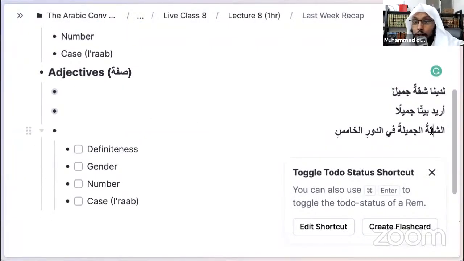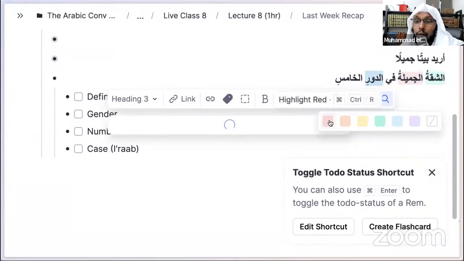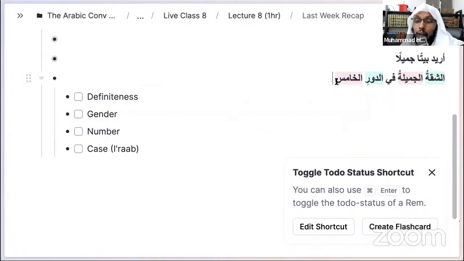This is a noun. I'm going to color code it now. The noun, we'll make it green, and this is the adjective, we'll make that red. And then الدور الخامس is another one. Obviously that one, last minute I made it into خامسة just to put you off. But the correct version is خامس.